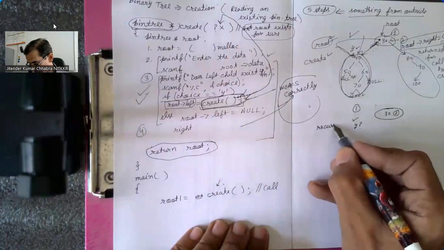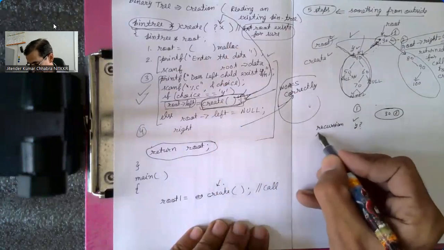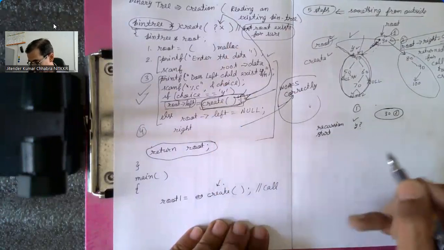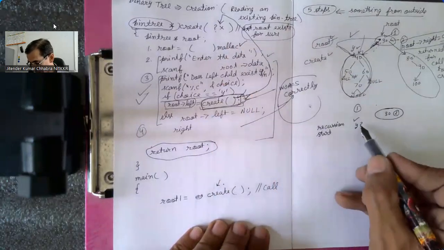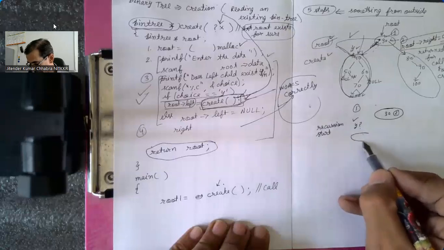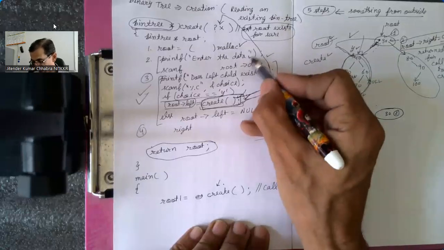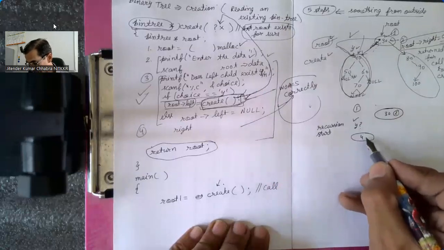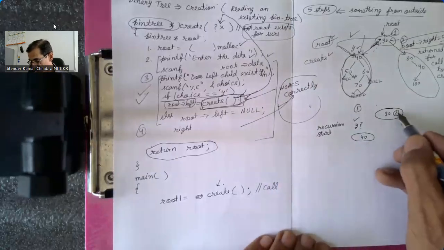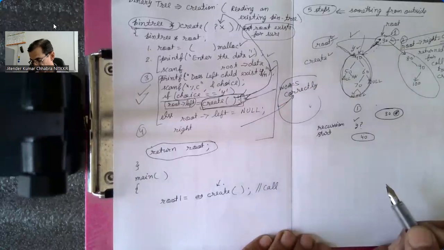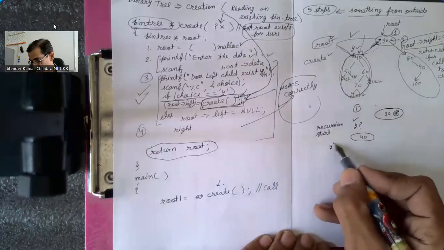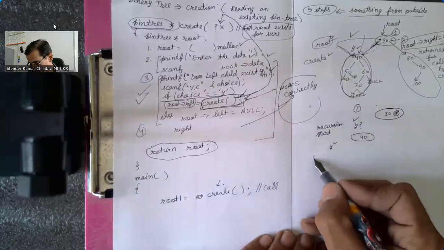Recursion starts. Recursion starts again, meaning again it does a malloc. Again malloc means another node created. Enter data, let's say 40 entered. 40 entered, again asked, does the left child exist? I said yes. Again, recursion starts.